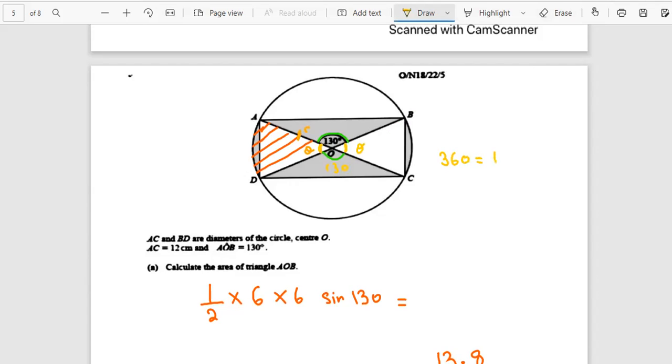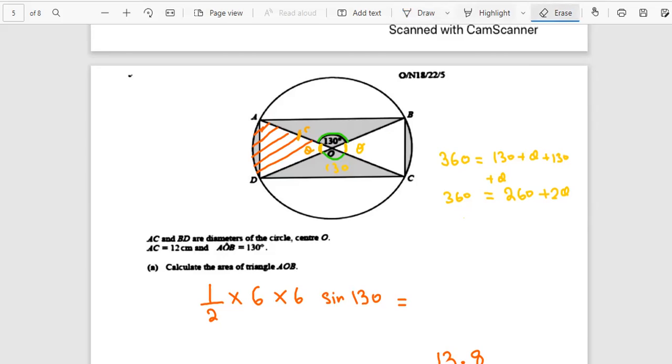So we have 130 plus theta plus 130 plus theta, and that is going to give me 260 plus 2 theta, and this equals 360, right? So theta is going to be 50. You just need to simplify this, and this is what you are going to get for theta.